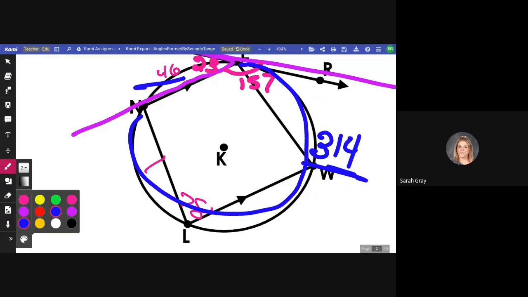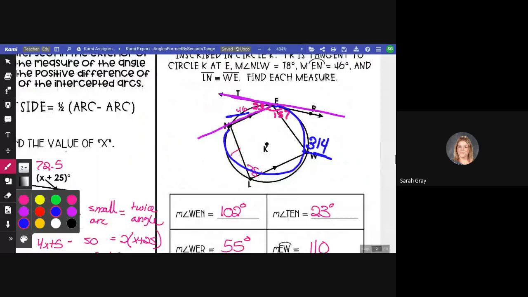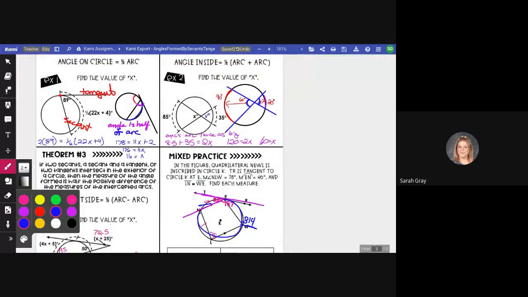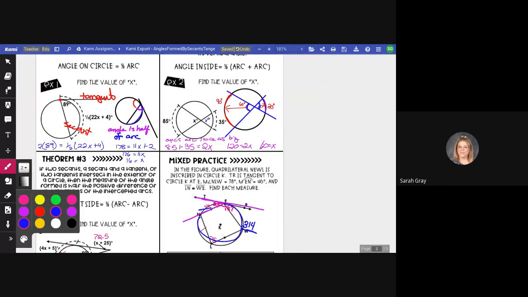So it works. Goes all the way around. Okay. So the nice thing here is there's still one main idea, that one angle is half the size of its arc.